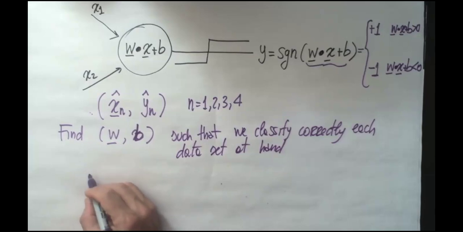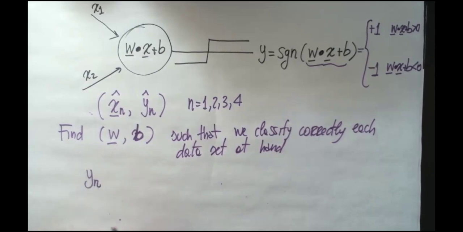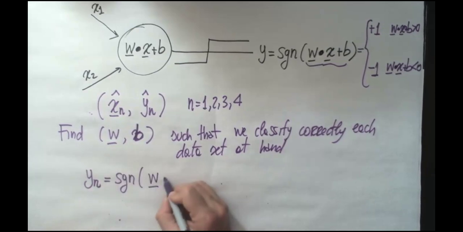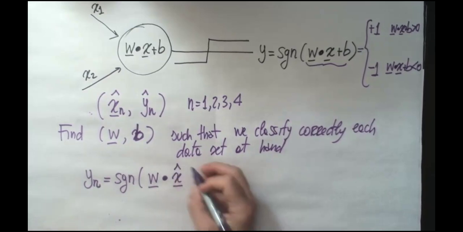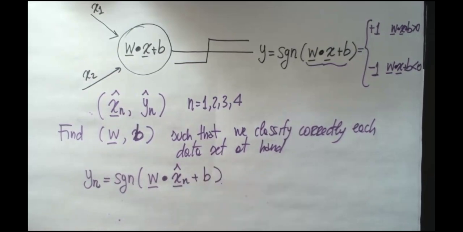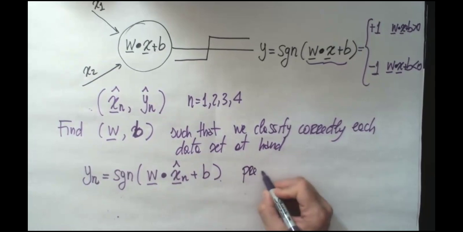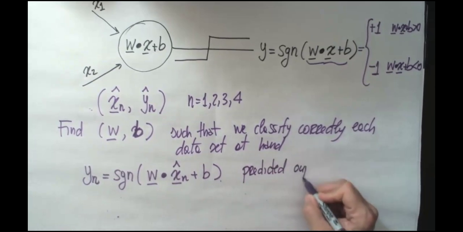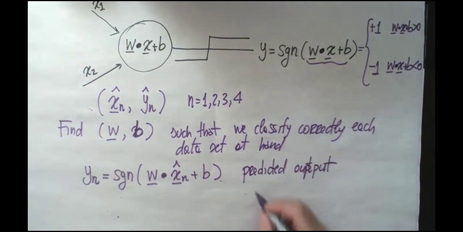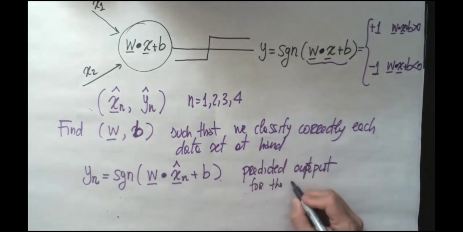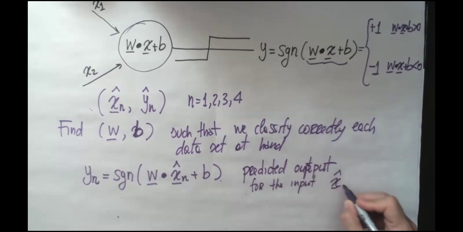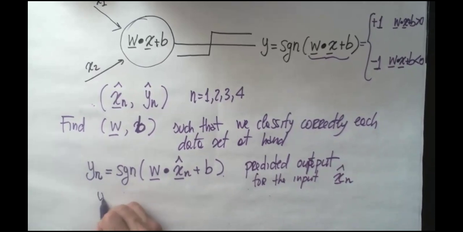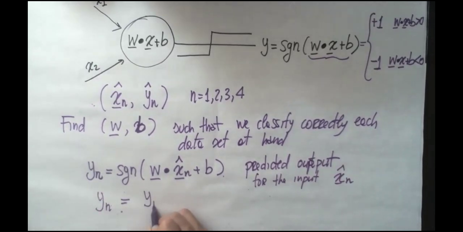So what does it mean? That we need to make sure that yn, which is the output of the perceptron for a given data input, this is basically the predicted output for the input xn that we know, has to be equal to the label, the data label.